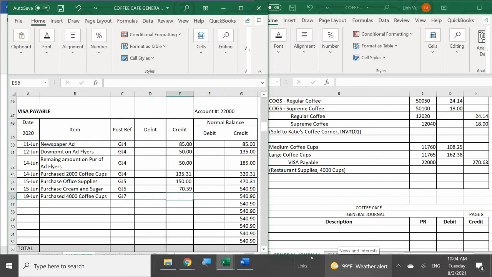So credit for 270.63, which gives me a grand total of charges on my credit card of $811.53. Got it.